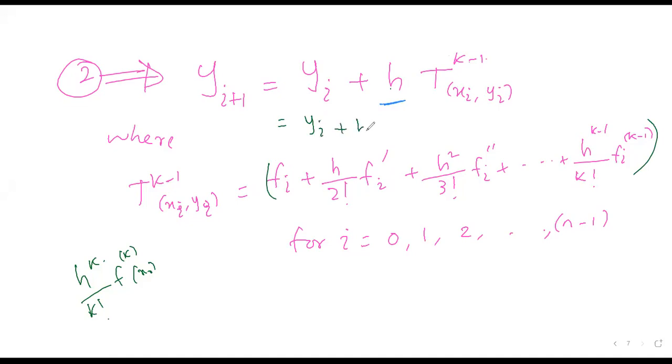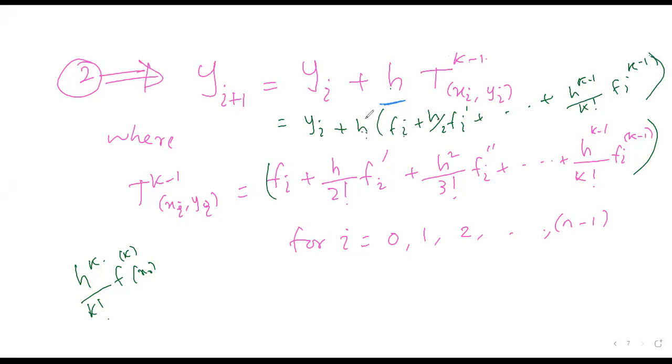It is something like this: y_i plus h times f_i plus h by 2 f_i dash, up to h^(k-1) over k factorial f_i^(k-1). See, again take the h inside: h of f_i, h squared by 2, h cubed by 3 factorial.